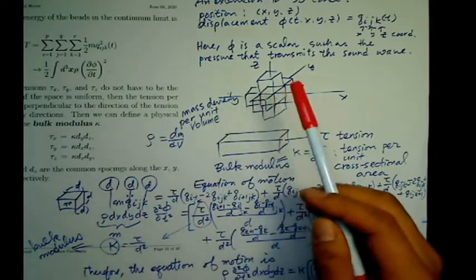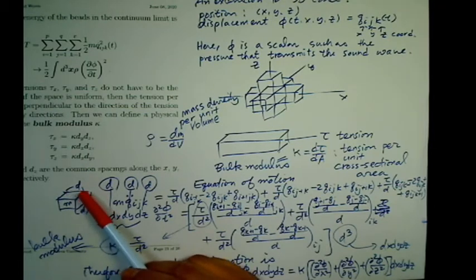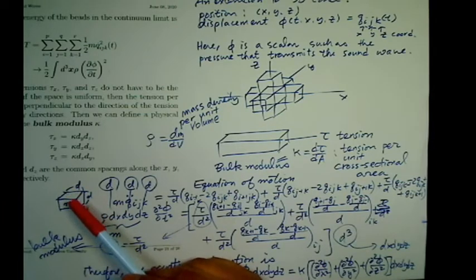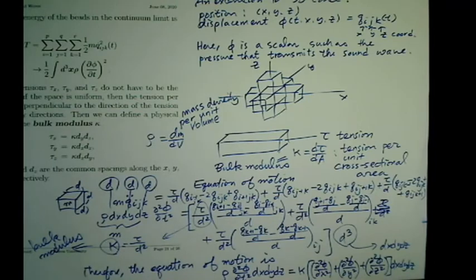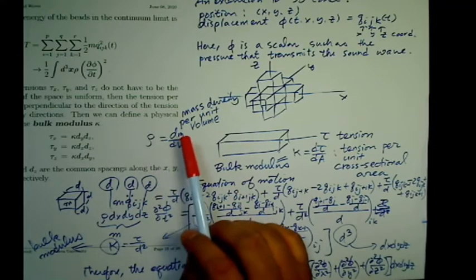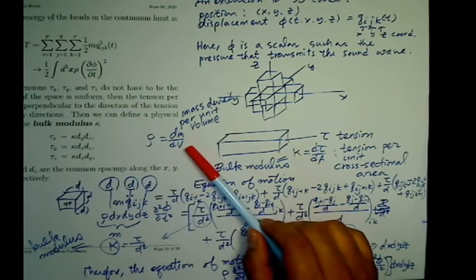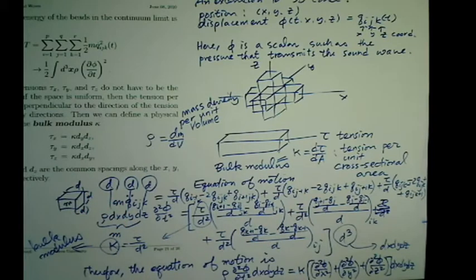If I slice this object into cubes, the mass m for the discrete case can be understood this way. The edge length in the x, y, z directions will be d, and we take the limit d goes to 0. Then we can introduce the volume density, the mass per unit volume, rho, that is m over d cubed. The volume of this cube is d cubed.